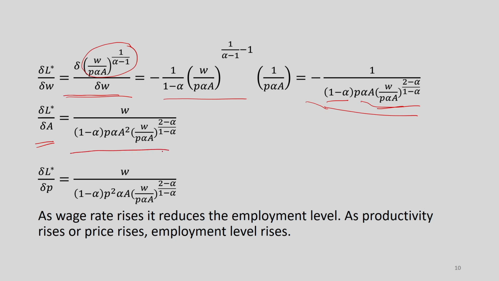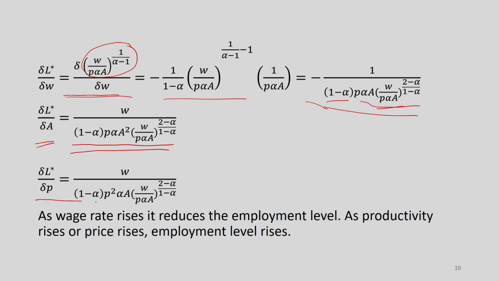It turns out to be W divided by 1 minus alpha, P alpha A square, W divided by P alpha A to the power 2 minus alpha divided by 1 minus alpha, and as you can see by inspection this is a positive quantity, because alpha is less than 1. So, del L star del A is positive.